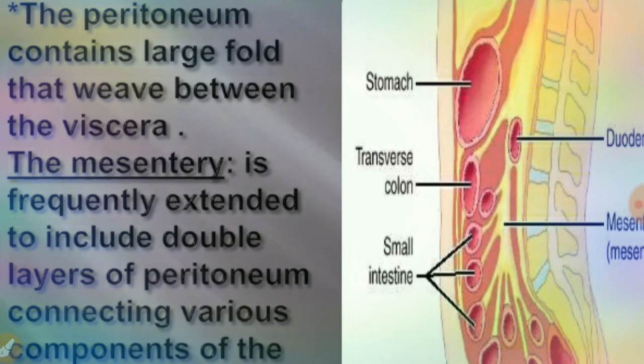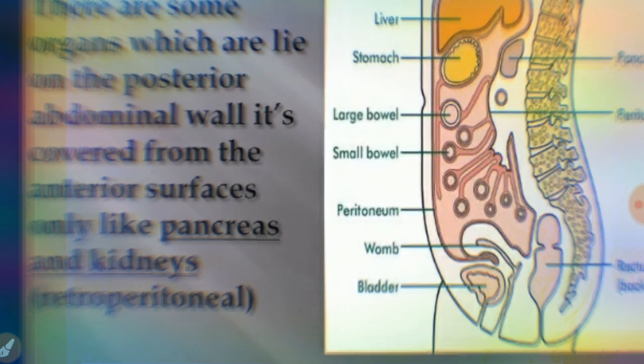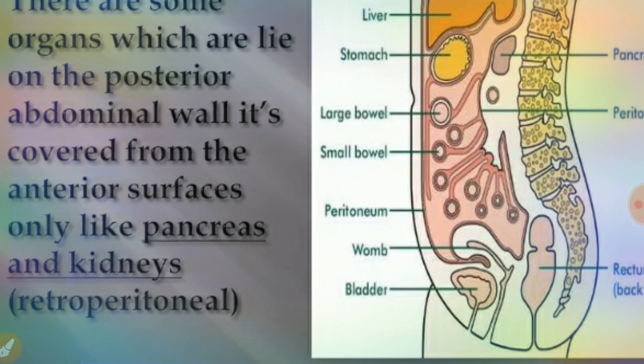There are some organs lying on the posterior abdominal wall, covered on their anterior surfaces only, like the pancreas or the kidneys. These are the retroperitoneal organs we have seen, no? The remaining organs will not be lying on the posterior abdominal wall.